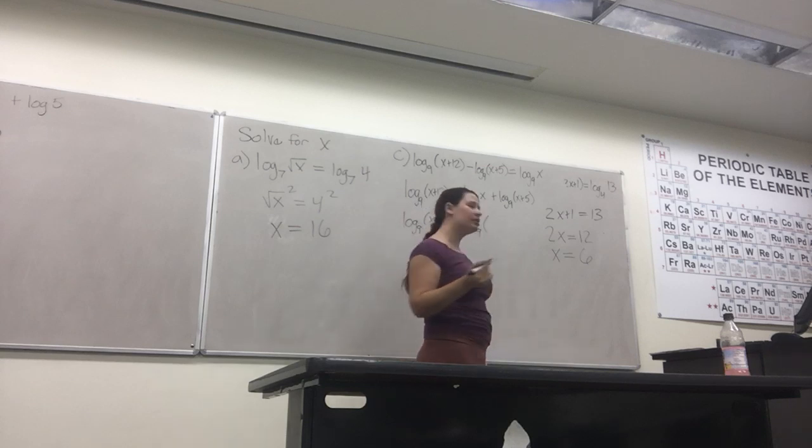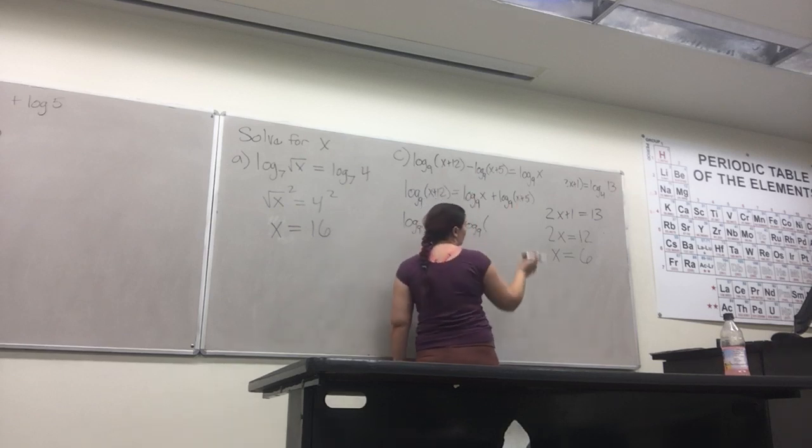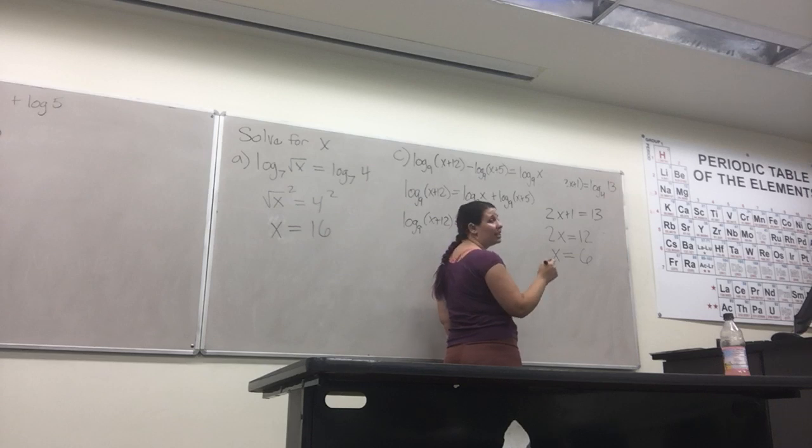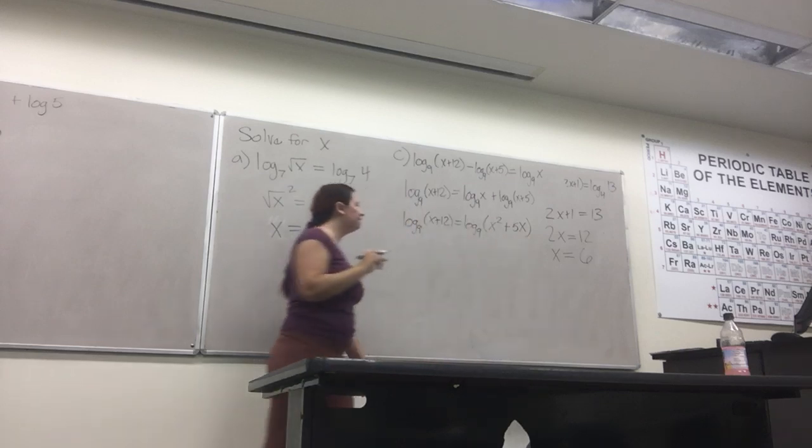X plus 5 times x, or x times x plus 5, doesn't really matter. Or we can go ahead and multiply it through. What would that be? X squared plus 5x. So now what?